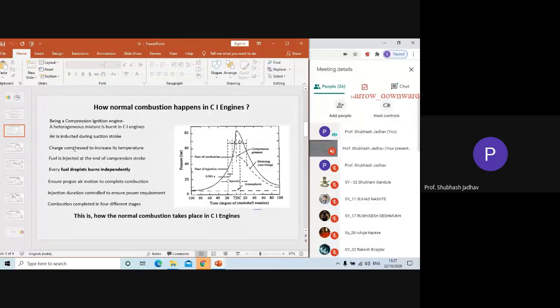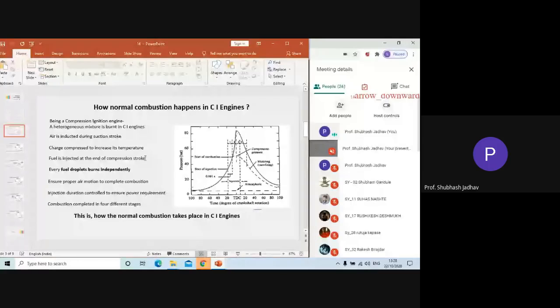The compressed charge is then raised to a temperature above the self-ignition temperature of the fuel. Fuel is injected at the end, when the air has sufficiently high temperature, in the form of small droplets.